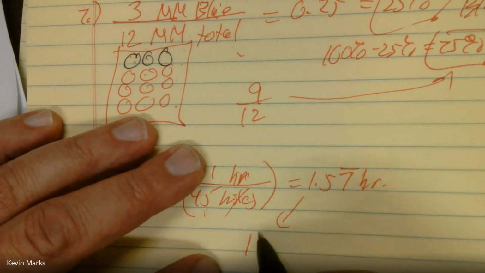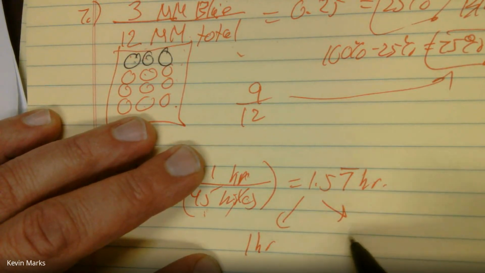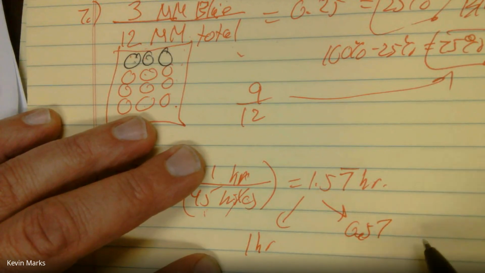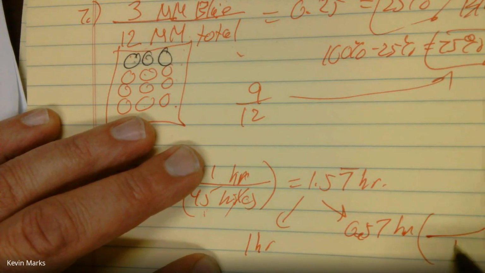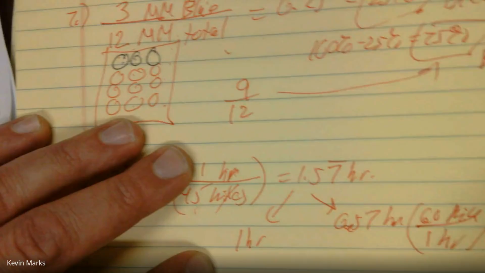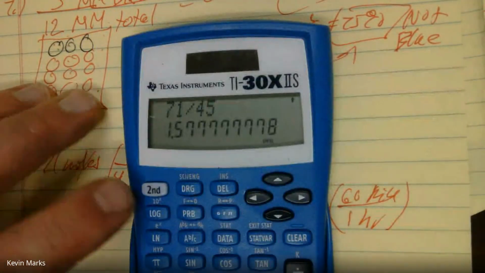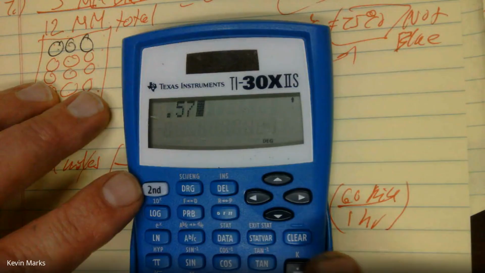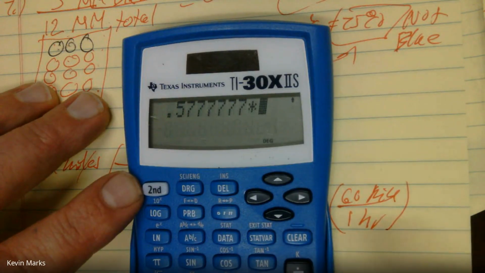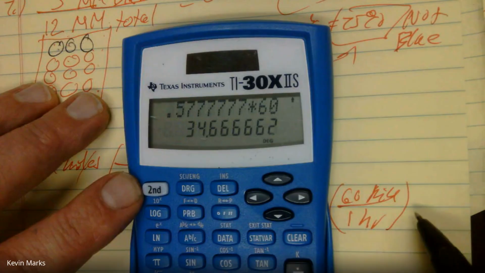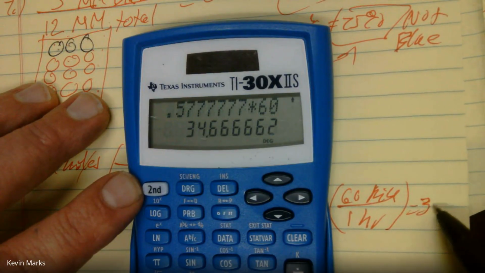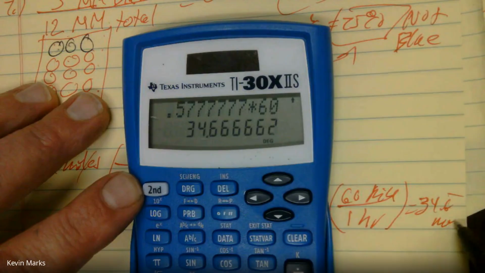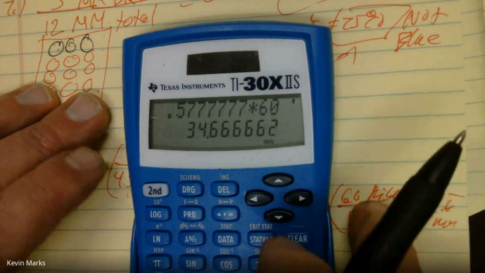So you could think of this as one full hour, sure, but that 0.57 hours, you're going to have to convert that to minutes. But remember, there's 60 minutes in an hour. So you would really have to take that 0.57 and multiply by 60. It's roughly going to be 34.6 repeating minutes, or we'll call it 35.